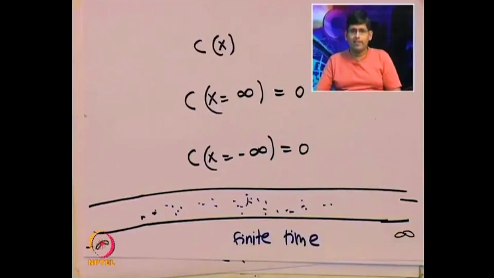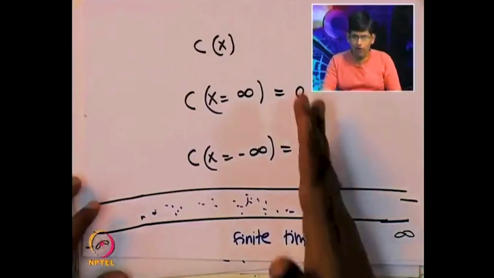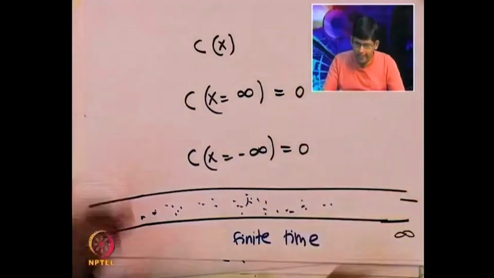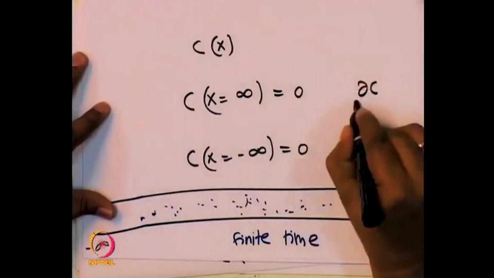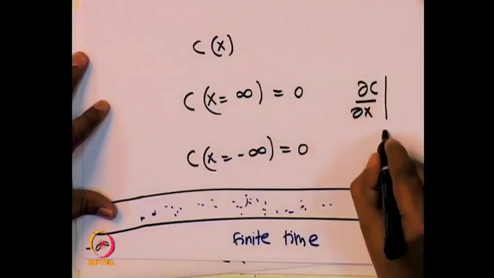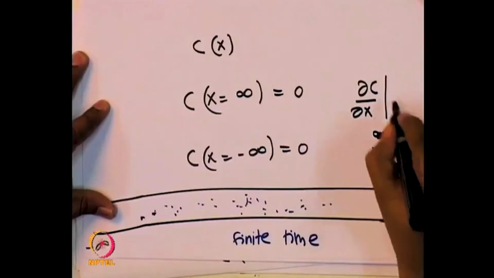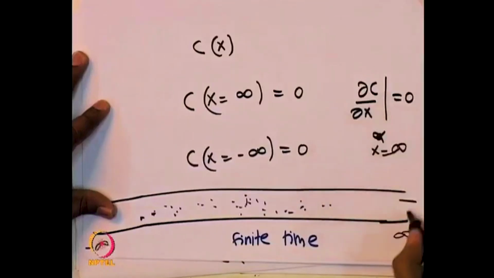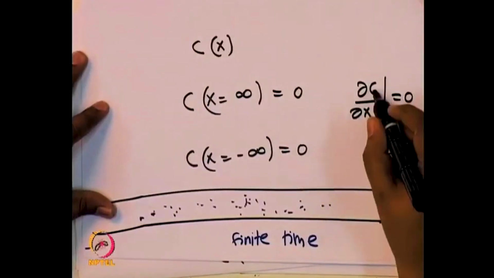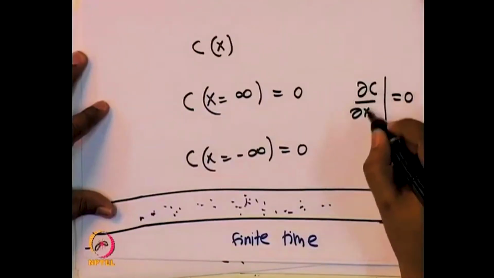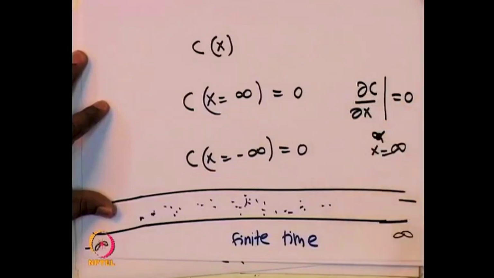Knowing this, now if it would not have reached here, the derivative del c by del x at x equal to infinity will also be 0, because there are no molecules here, so c cannot vary there because c does not exist there. So del c by del x will be 0.